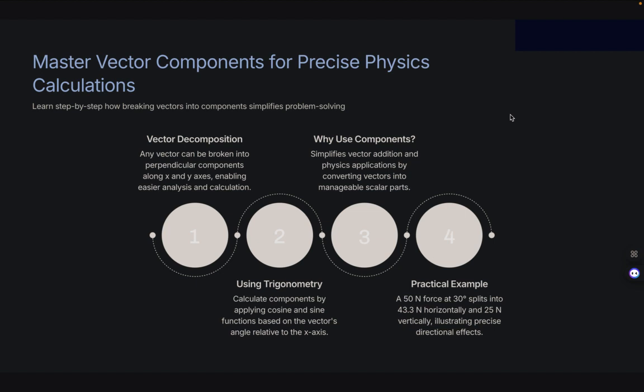Practical example: let's say we have a force of 50 newtons, that's the SI unit for force, at 30 degrees, split into 43.9 newtons horizontally and 25 newtons vertically. Again, imagine we have two triangles.